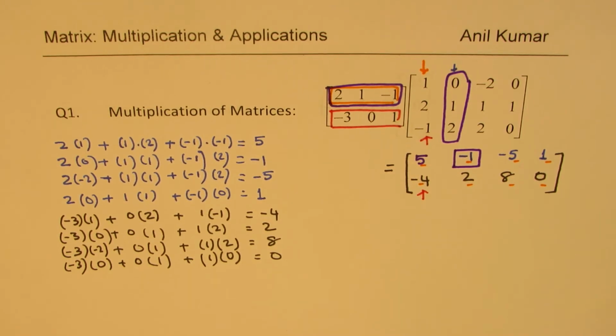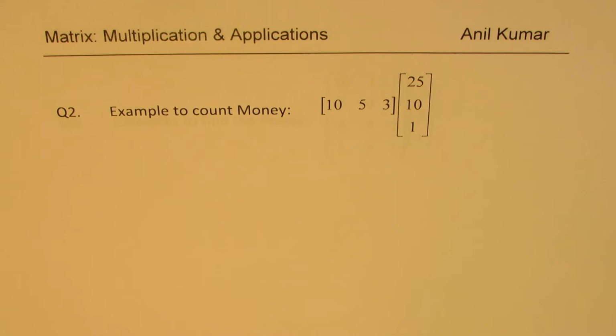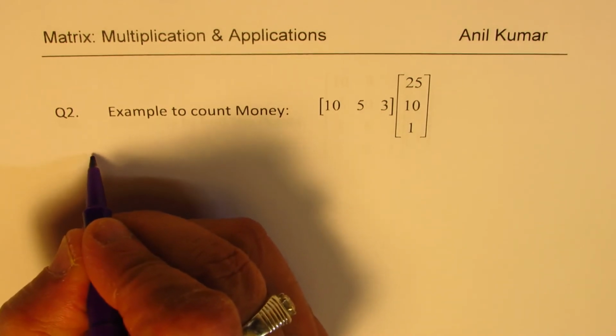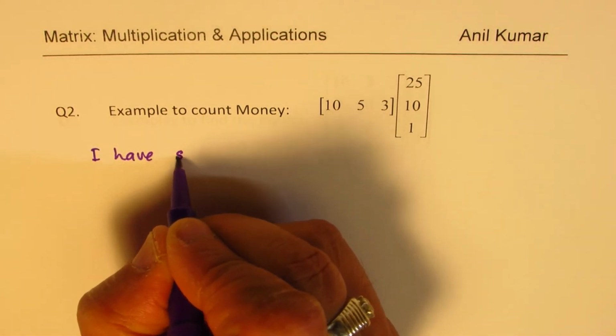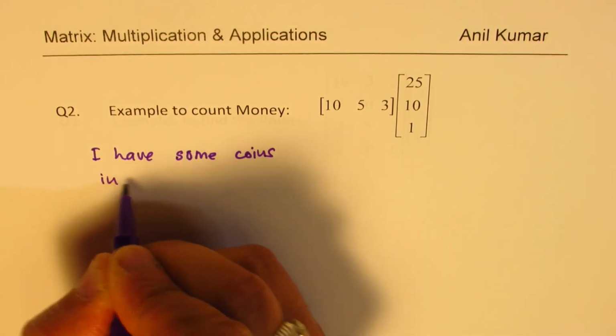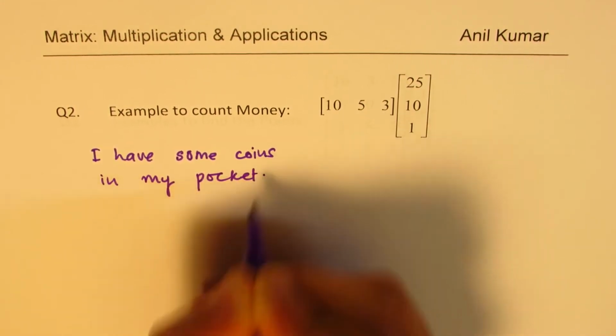Now let's take some examples, right? So here is a very interesting example where we'll see how we can use matrix. This is like counting money. Just think about a situation that I have some coins in my pocket. Okay.